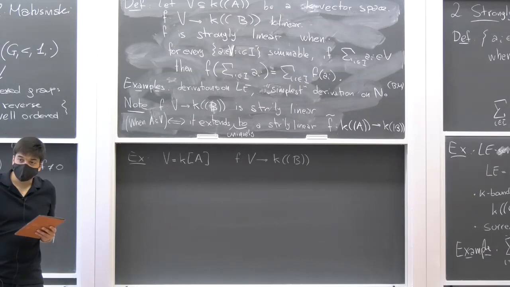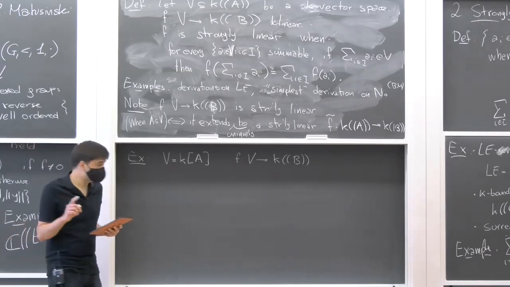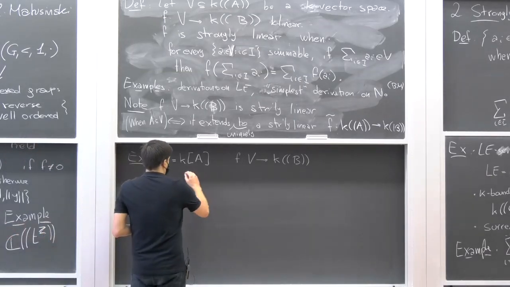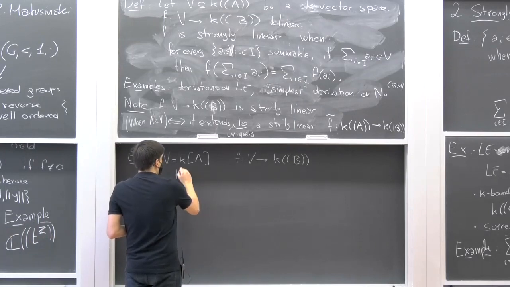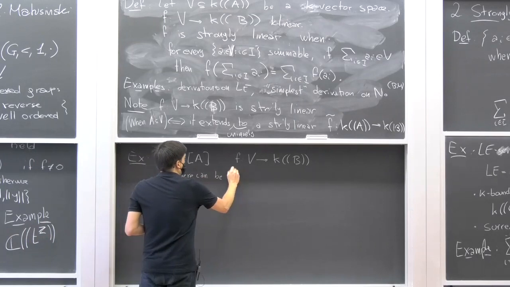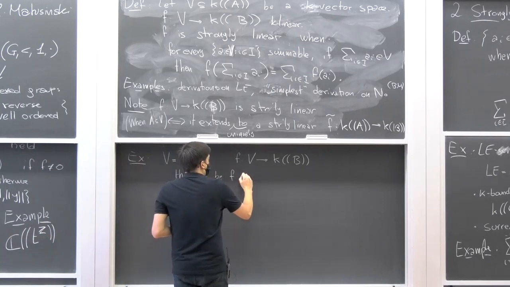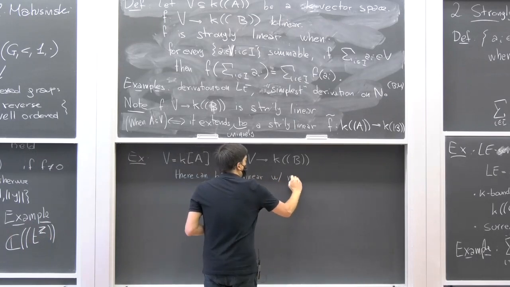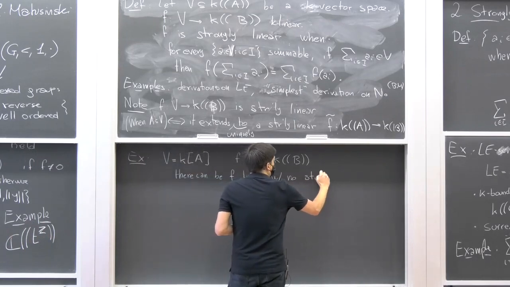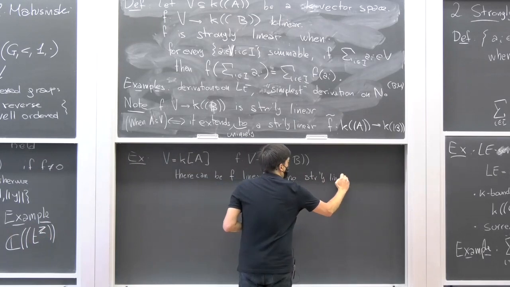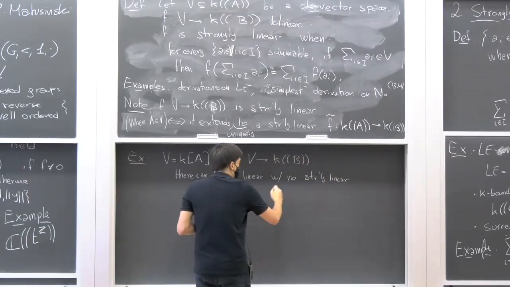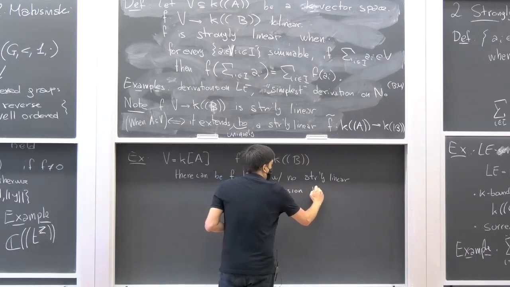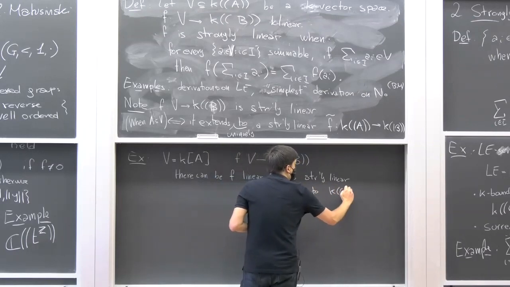No, the extension is not strongly linear. Yes, so I can say there can be an F linear with no strongly linear extension. Well, I said it this way anyway.